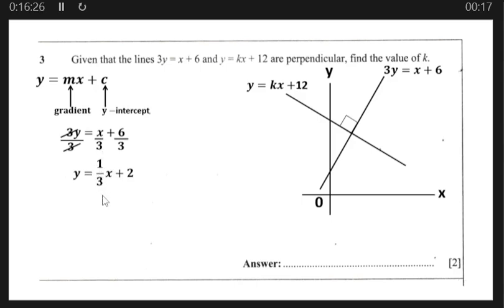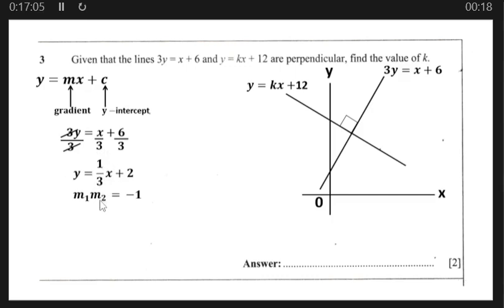So remember what I said: if these two lines are perpendicular to each other, then the product of their gradients must be equal to -1. So let's say we have the gradient of this straight line represented by m1, times the gradient of this line, which we are calling m2, must give us -1. But we know that the gradient of this line, which we have solved in this form, is the coefficient of x here.